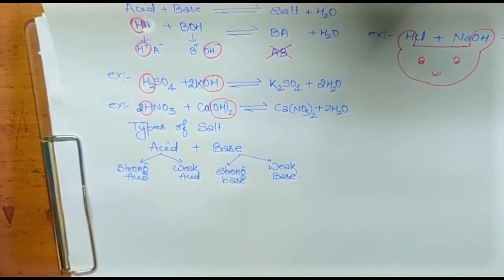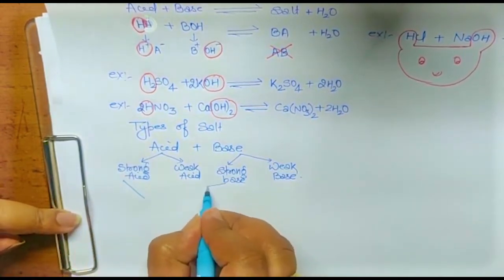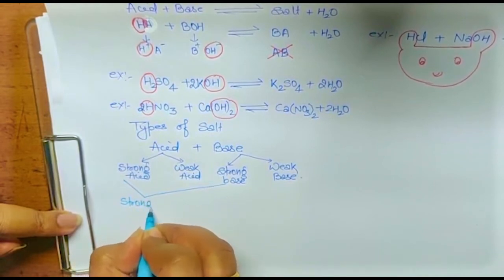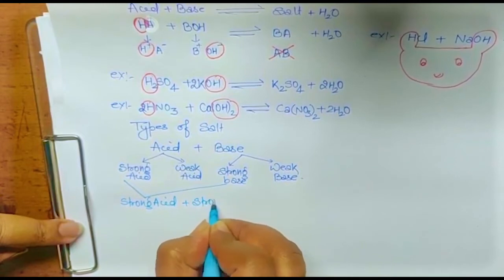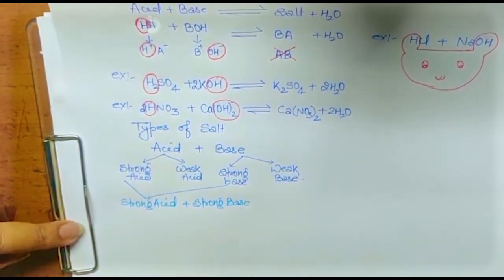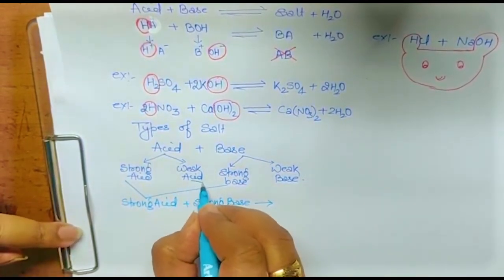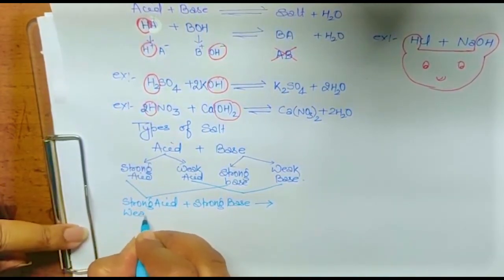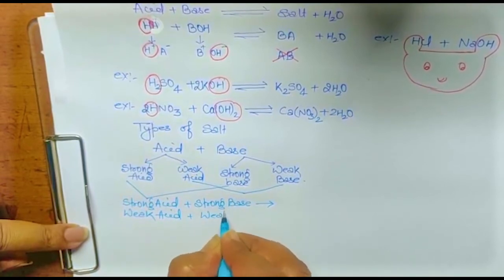Okay, so what we will do now, we'll make combinations. First, strong acid plus strong base. Any doubt in this? We'll do it afterwards. Now we have weak acid and weak base.